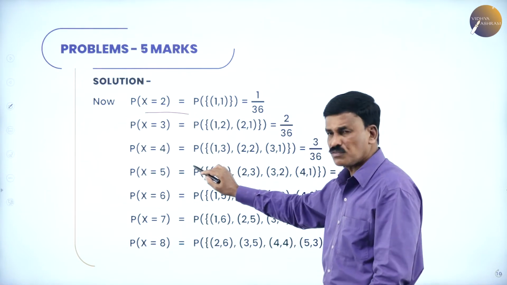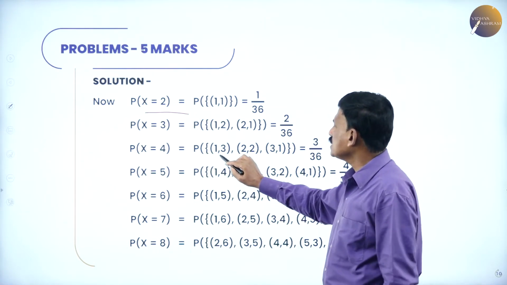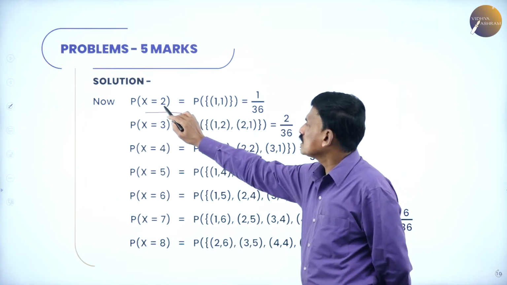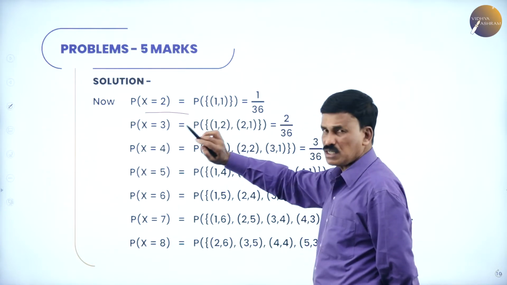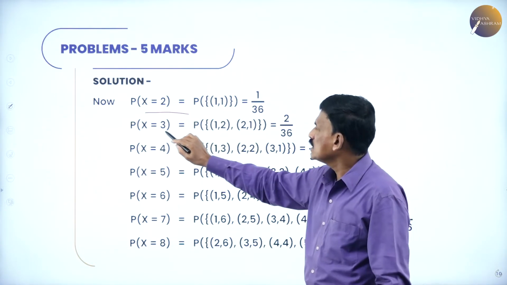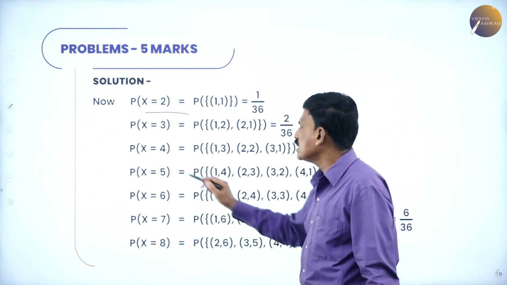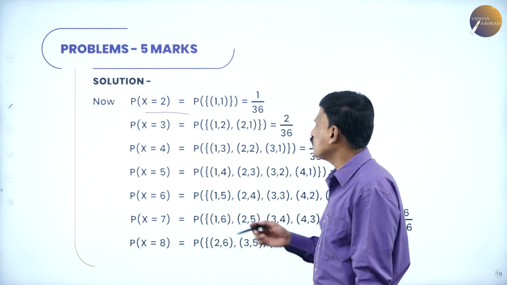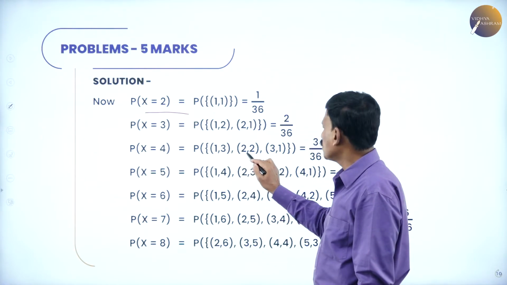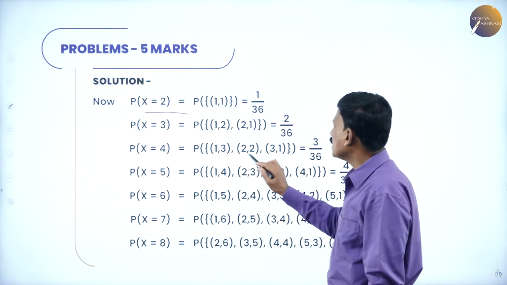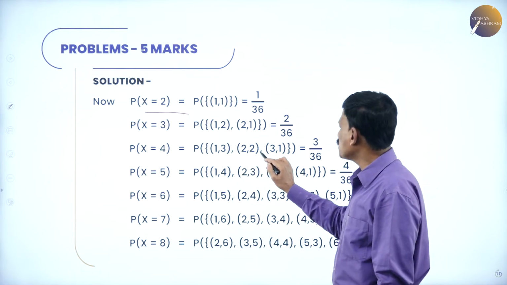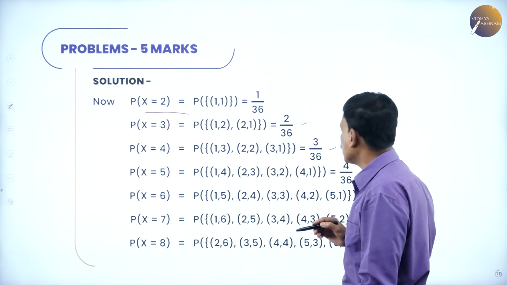When x is equal to 4, the sum is 4 here. The sum is 2, 1 plus 1, means only one possibility, 1 by 36. The sum is 3 means 1 plus 2 or 2 plus 1, it is 2 by 36. When x is equal to 4, the sum is 4 means 1 comma 3, 2 comma 2 and 3 comma 1, so 3 by 36.